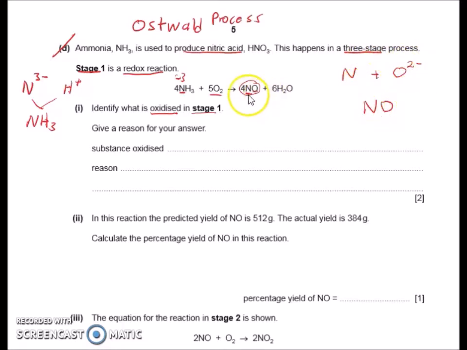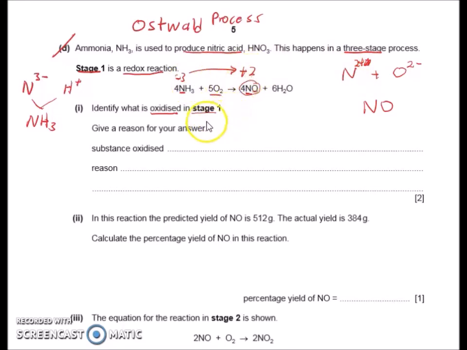You notice that there are no numbers down here. So it means that here it has to be positive 2. So the nitrogen here is a positive 2. So it means it's higher. So it is being oxidized.